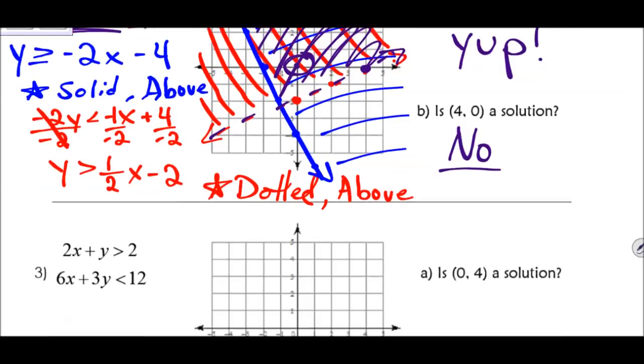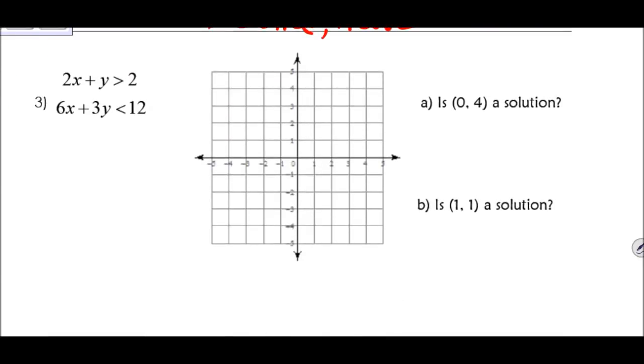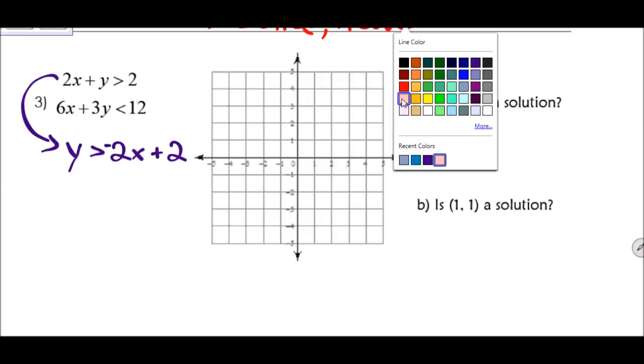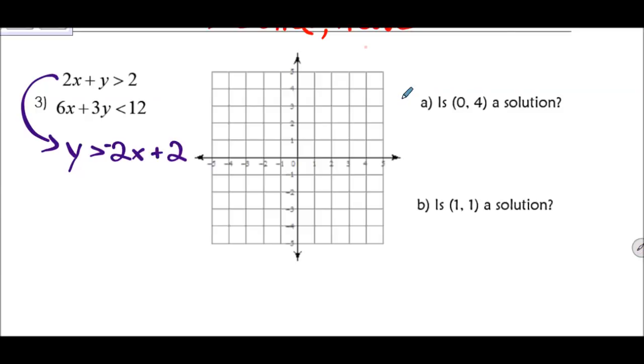Number 3, we could do something kind of similar. Let's solve for y on both of these. This one, I'm just subtracting that 2x over. So y is greater than -2x plus 2. On the second one, I have to do a couple more steps.